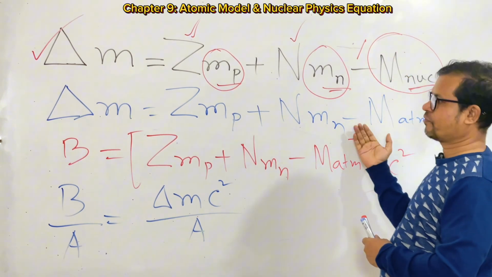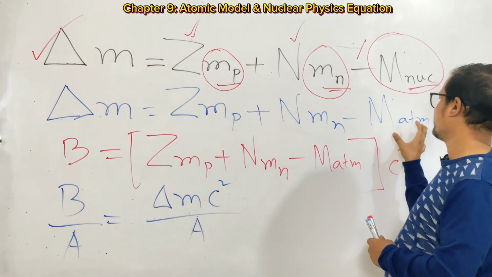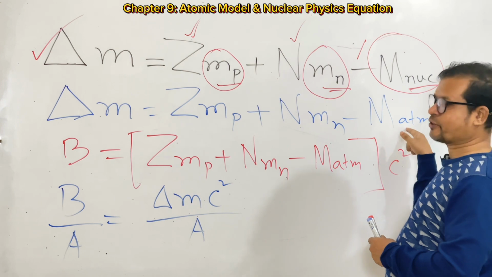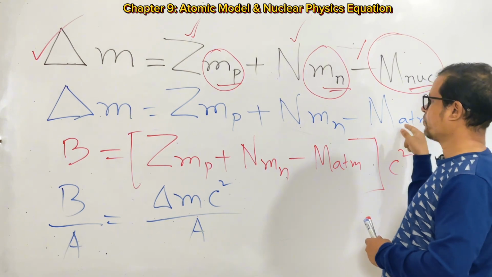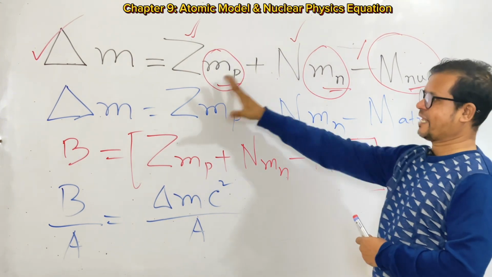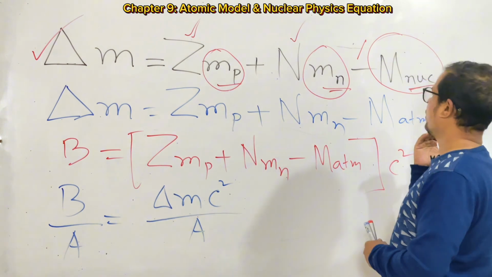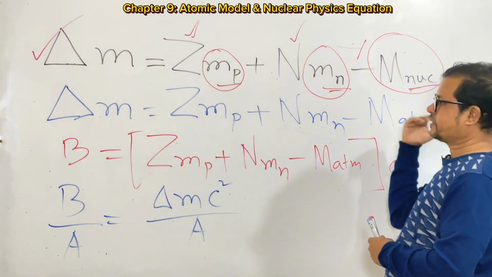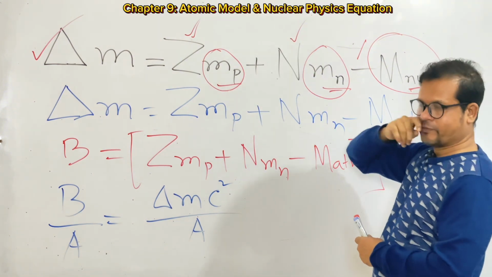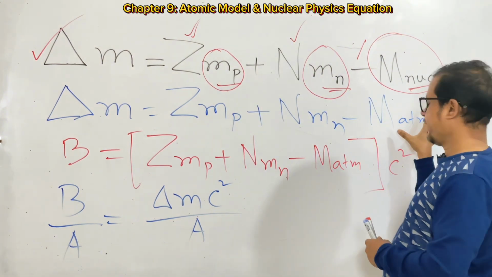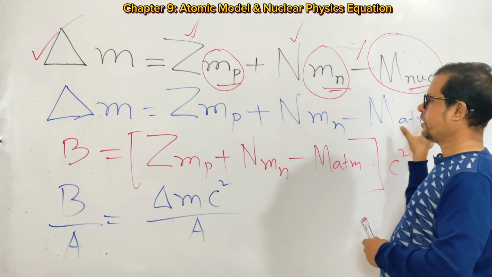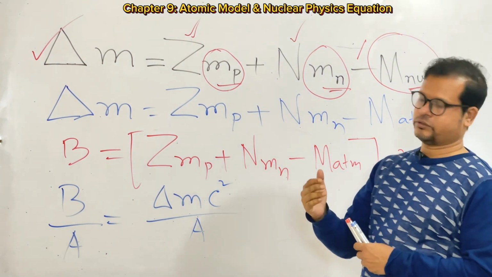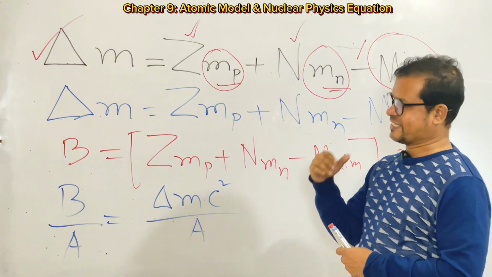Actually, this formula is the same, just here we write minus the atomic mass. If the question gives you the nucleus mass, then you can apply this formula. If the question gives you the mass of the atom, then you apply this equation for finding the mass defect.